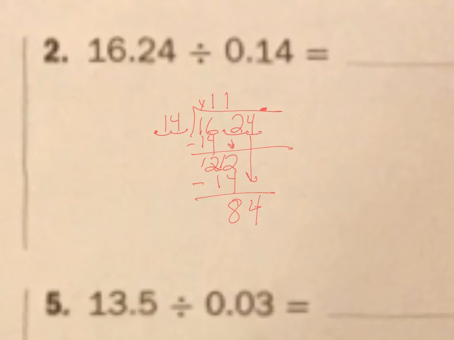Okay, 84. 14 goes into 84. I'm thinking it does 6 times. Let's just check it. 6 times 4 is 24, 6 times 1 is 6 and 2 is 8. Yep. 6 times. That's 84. Subtract that out. It's 0. There's no other numbers to bring down. So it's 116 point, which is the same as 116. Okay.